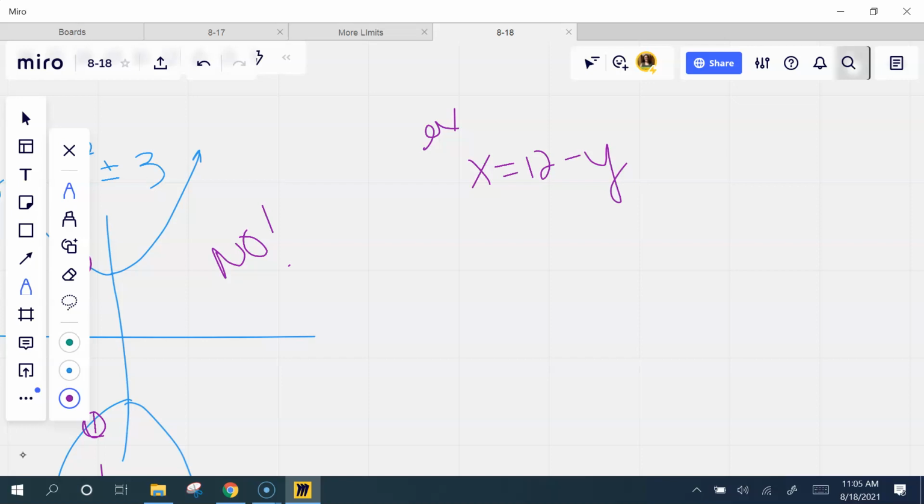Sure, you can move it around if you need to. Yes, it is. Why? Right? 12 minus x. This is just a line with a negative slope, right?